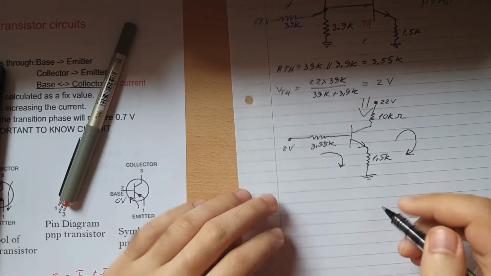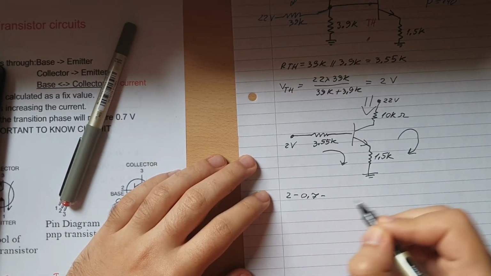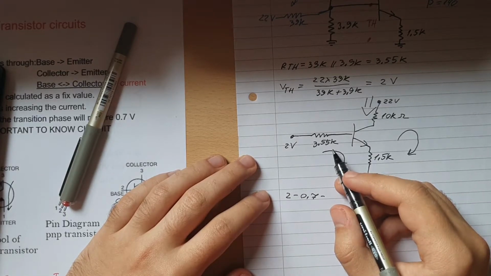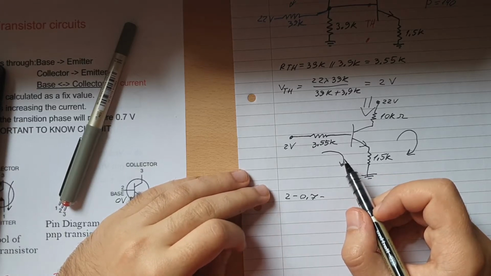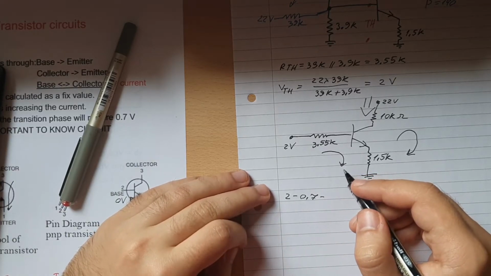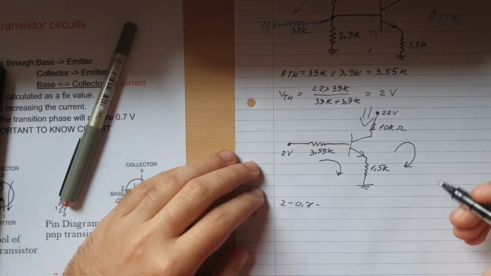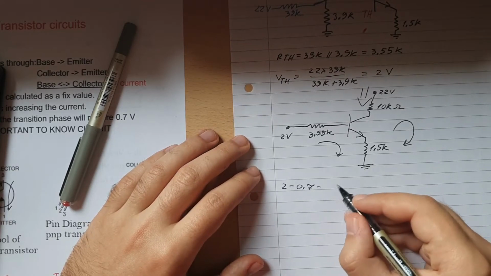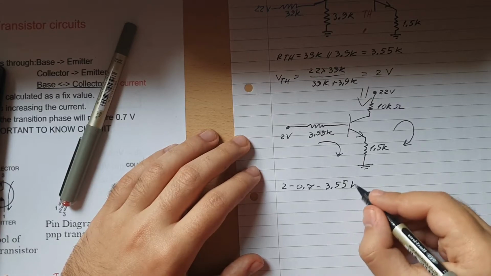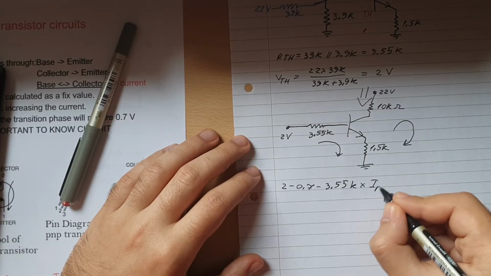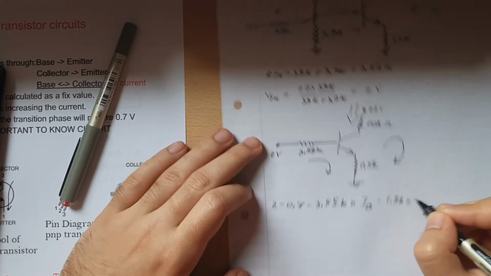What we can do is 2 minus 0.7 minus, wait a second, strange, it seems that I used 3.9 by mistake. Anyway, minus 3.55k multiplied by IB minus 1.5k multiplied by the gain.